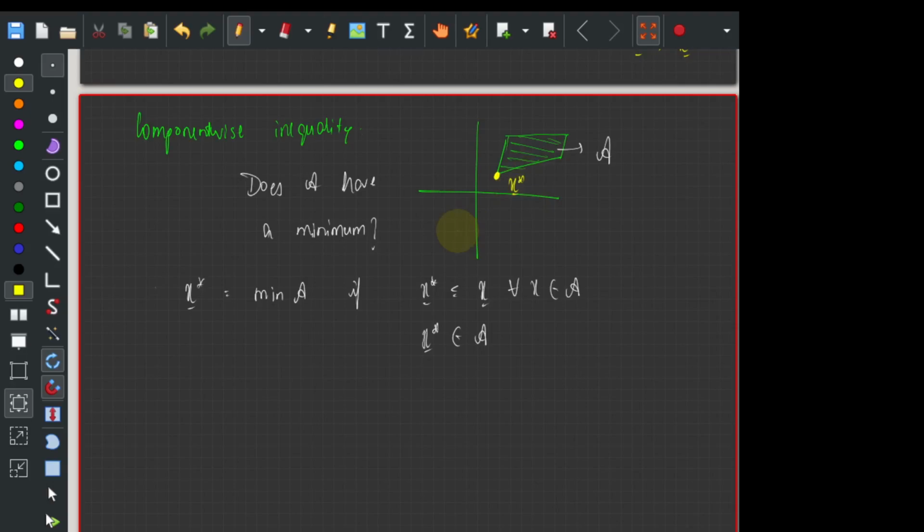And how do we argue that this is indeed the minimum? Yeah, you look at x star plus K. So what would x star plus K look like? This entire region. So when would x star be a minimum point?